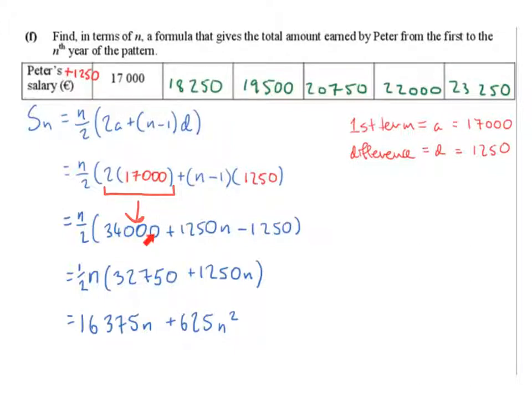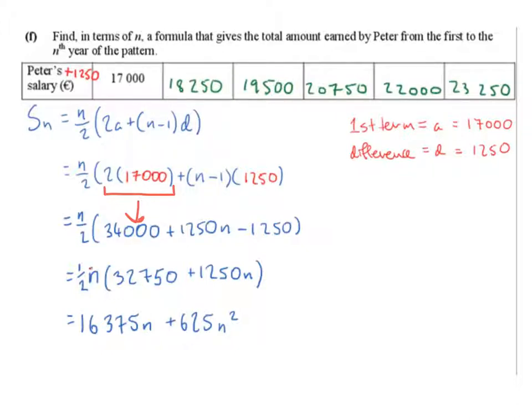And then 34,000 minus 1,250 becomes 32,750. And then we just bring down the plus 1,250n. So we have a half n multiplied by 32,750 plus 1,250n. And to just simplify it a little bit more, we're going to multiply in the half n.